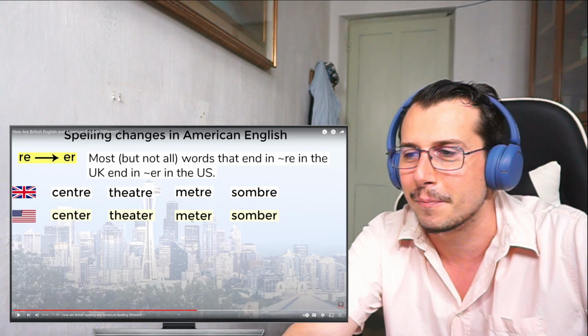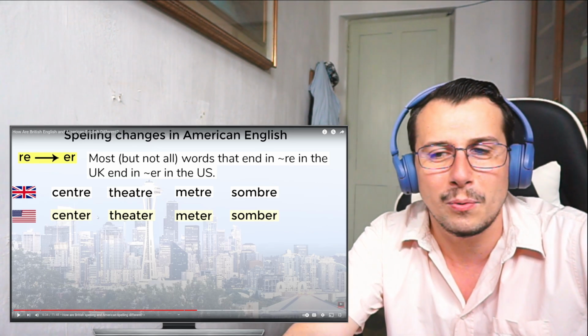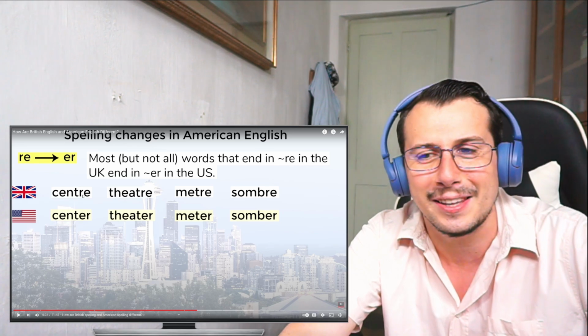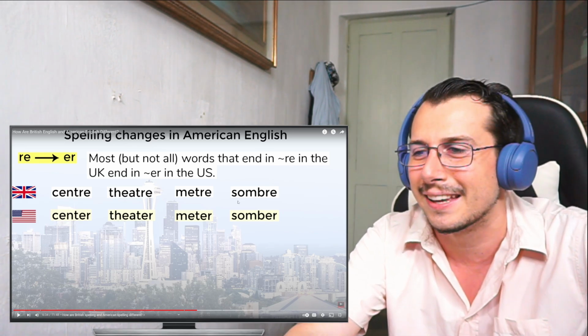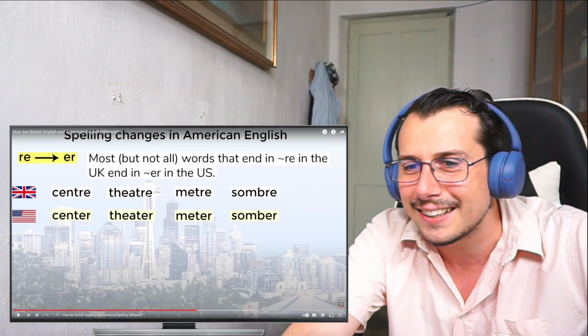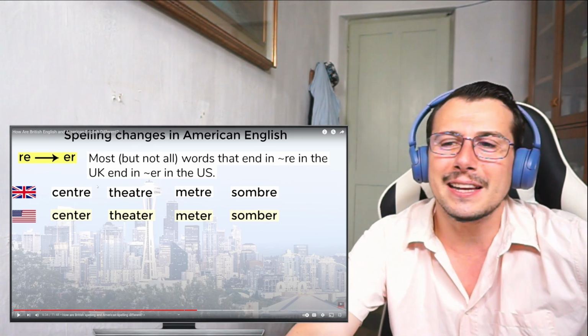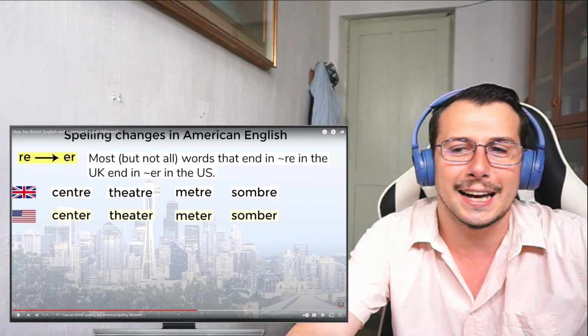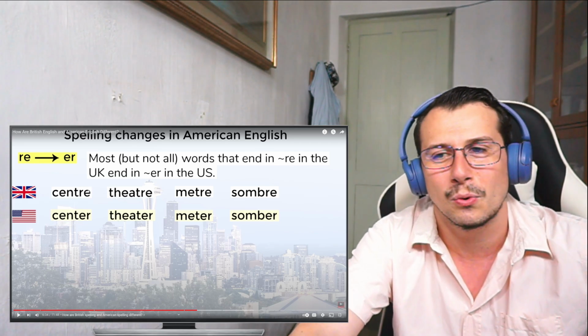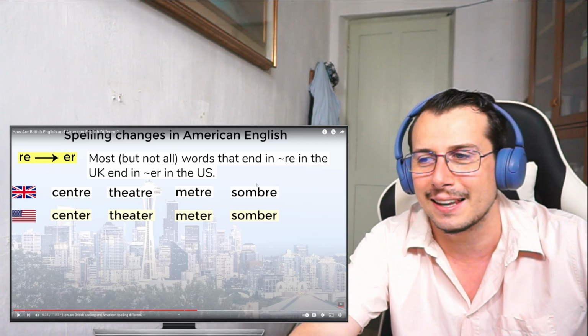Center, theater, meter, somber. I don't know what that means, but I will always spell it like that. I didn't think you can even spell it this way. That is crazy, especially the meter one and the theater. Bro, what? That's crazy. I mean, it's more similar to Italian, so I guess it's more similar to other European languages, the spelling.